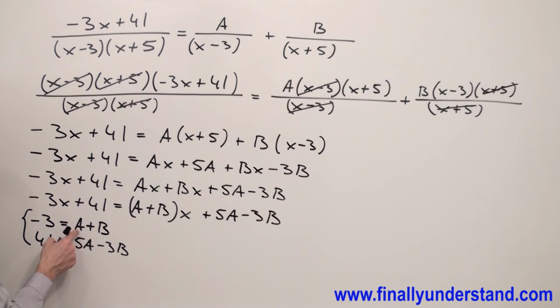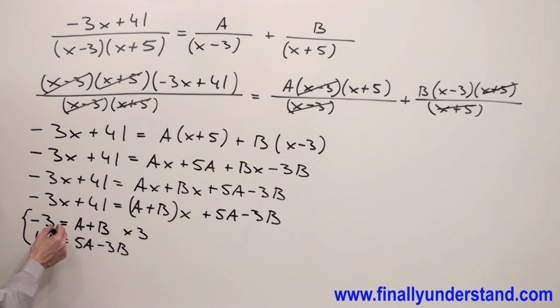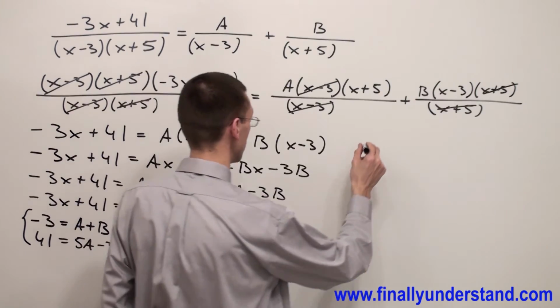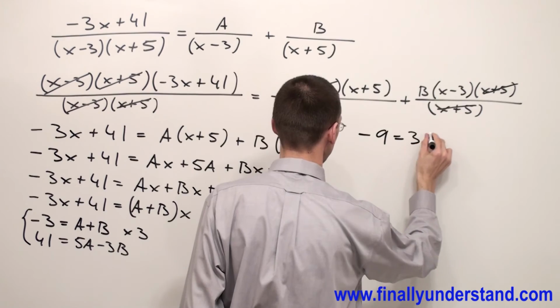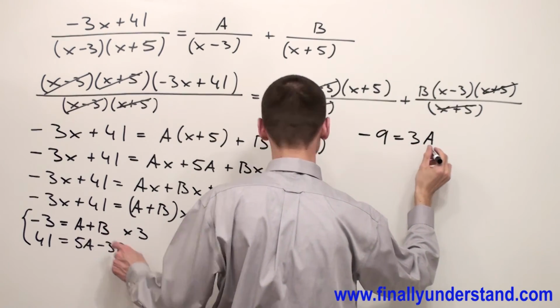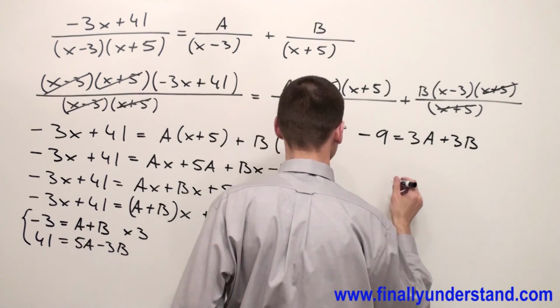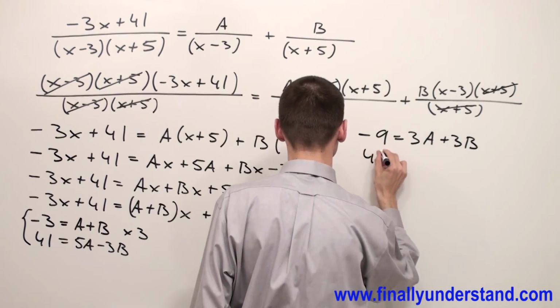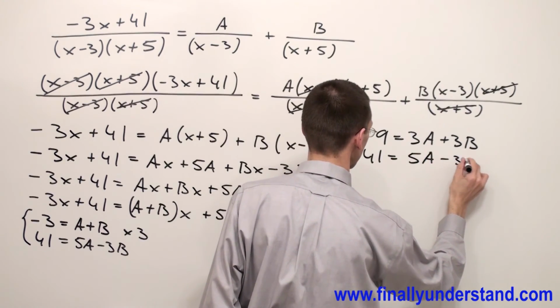I'm going to use the elimination method. I'm going to multiply the first equation by positive 3. That's why I'm going to have 3 times negative 3 gives me negative 9. Negative 9 is equal to 3 times a, which is 3a, and 3 times b, which is 3b. I'm going to copy down the second equation, which is 41 equals 5a minus 3b.